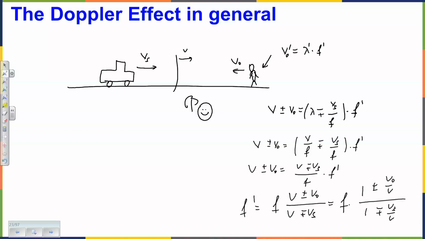If we know the ratio, we can use this. Mathematically, it's absolutely equivalent approach. And this is the Doppler Effect equation. That's it.